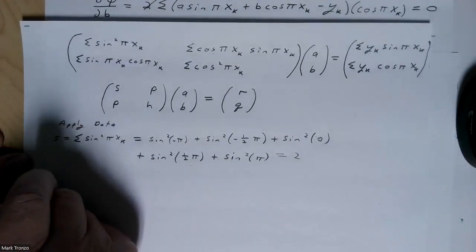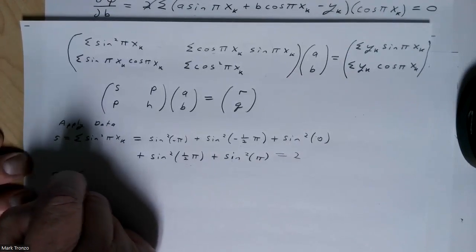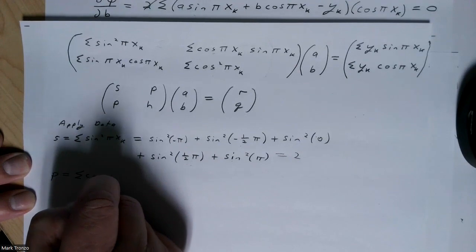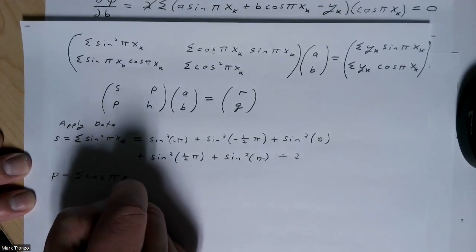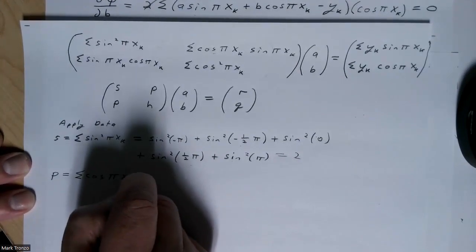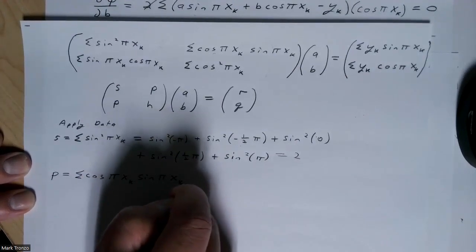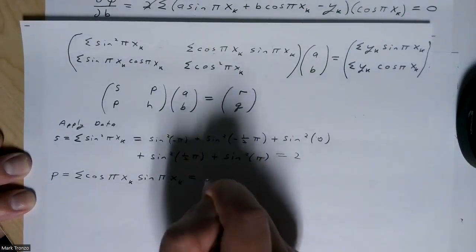And then for P, we have the summation of cos pi xk sine pi xk. So just put our data points in.